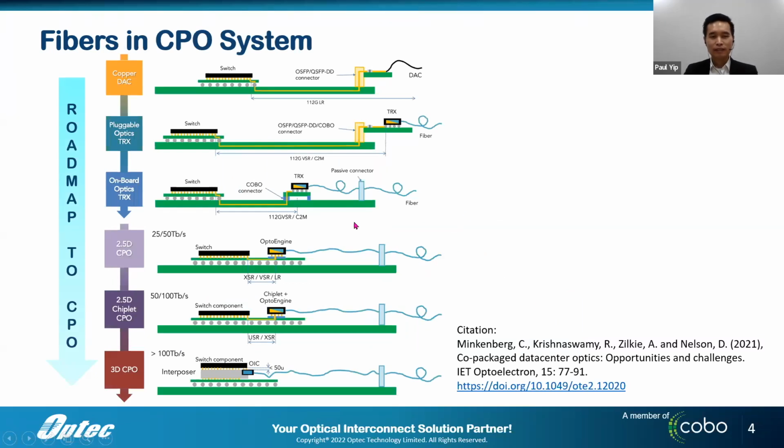So this is my favorite diagram here from the IET optoelectron. It explains the idea of how the pluggables are first used in the switches, and eventually the fiber goes inside on the board through COBO connectors, optical engines, even the chipsets on the optical I/O, and finally goes inside the chipset chips through the interposer.